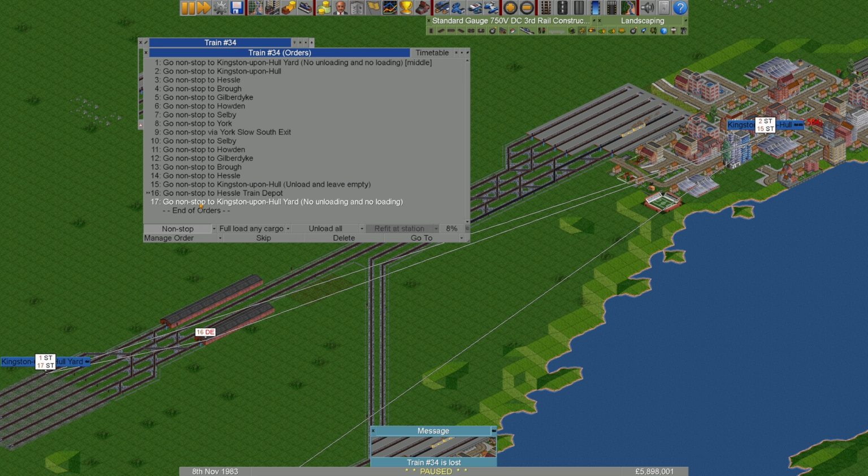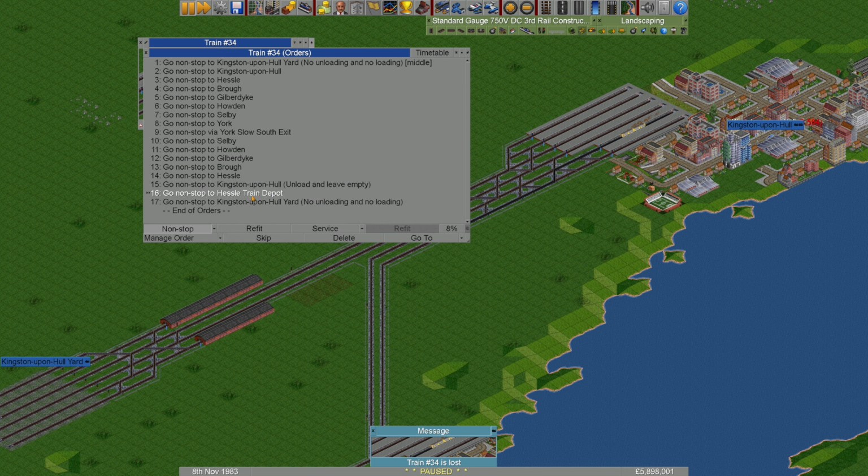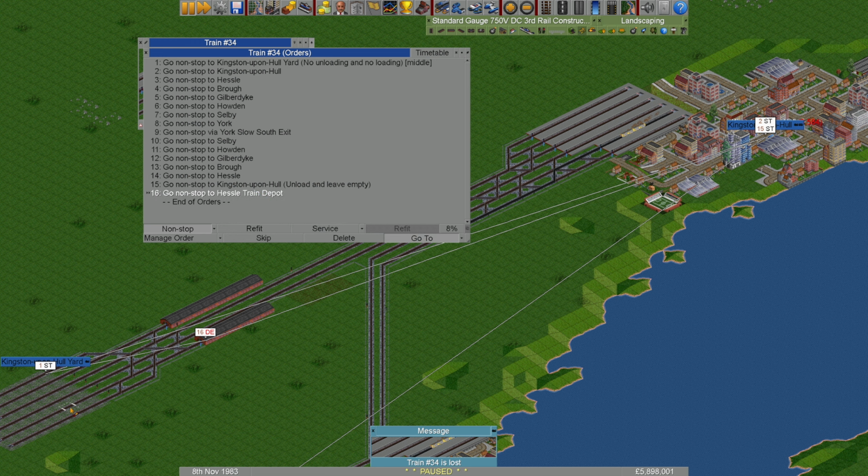I thought you could lift and drag. Maybe it was shift. Yep, manage order. I'm sure there was one where you could drag and drop. So we'll delete that one, and there we need to go there. So let's go. I can skip there.